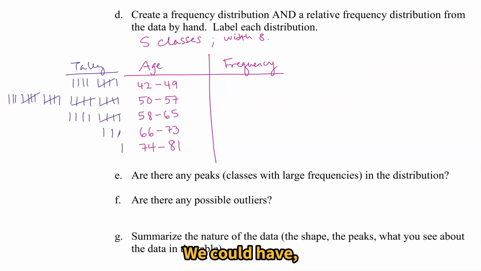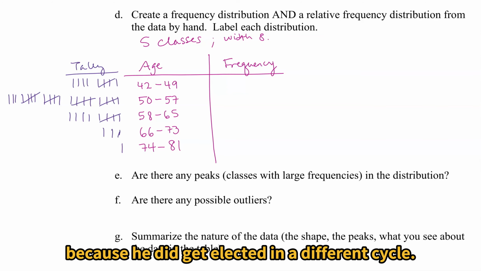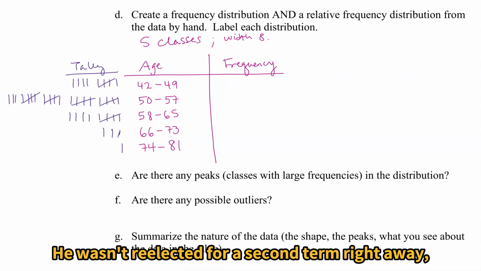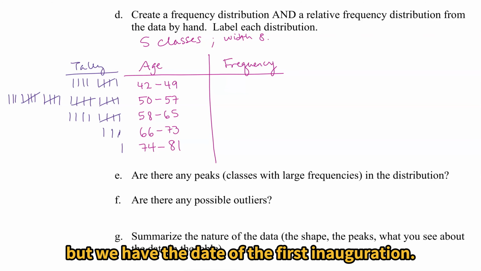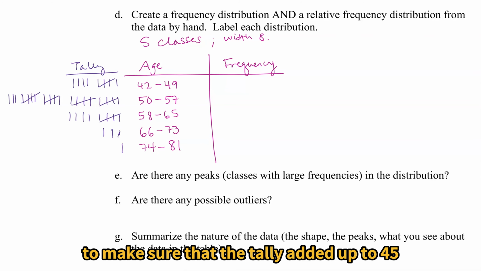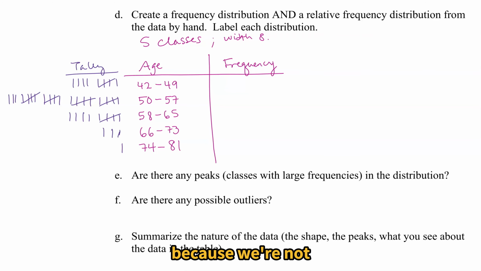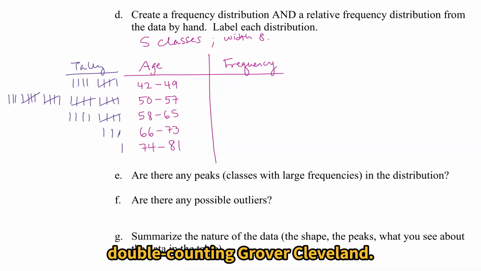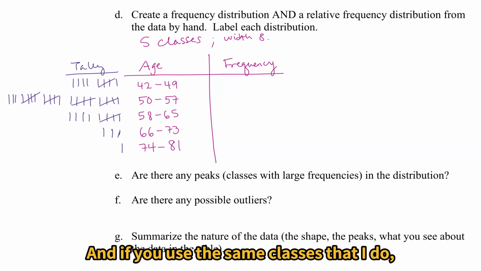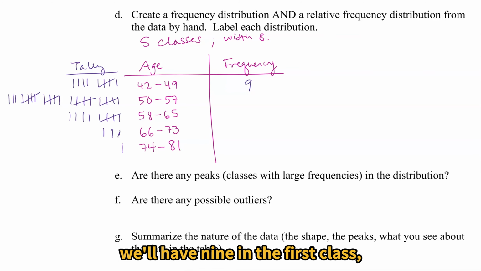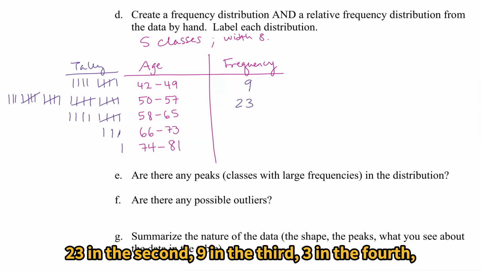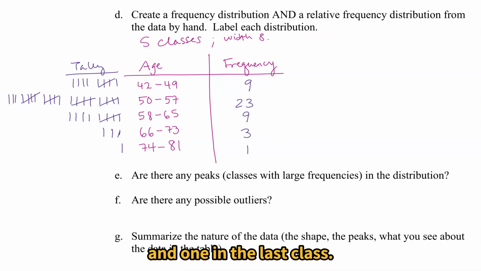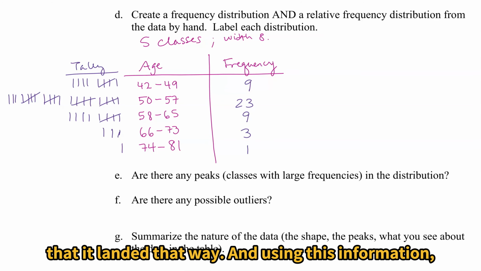We could have, because he did get elected in a different cycle, he wasn't re-elected for a second term right away, but we have the data for first inauguration. So we did a quick double check to make sure that the tally added up to 45, because we're not double counting Grover Cleveland. And if you use the same classes that I do, we'll have 9 in the first class, 23 in the second, 9 in the third, 3 in the fourth, and 1 in the last class, which is pretty interesting that it landed that way.